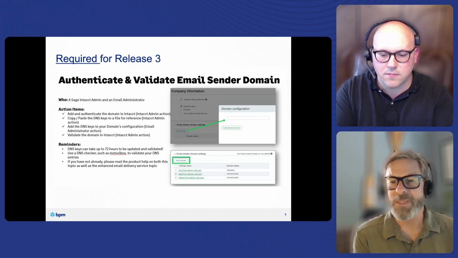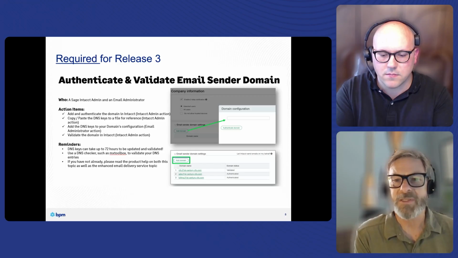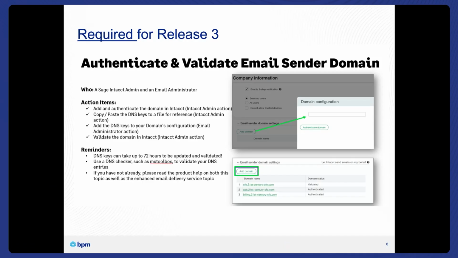And I know this has been splashing up on login screens for about a year now, I think, but it's actually required now to get those DNS keys set up and validated so that your emails will be sent properly and will get past a lot of spam filters that might have stopped them previously, because now the domain has been validated for sending out of Intacct.